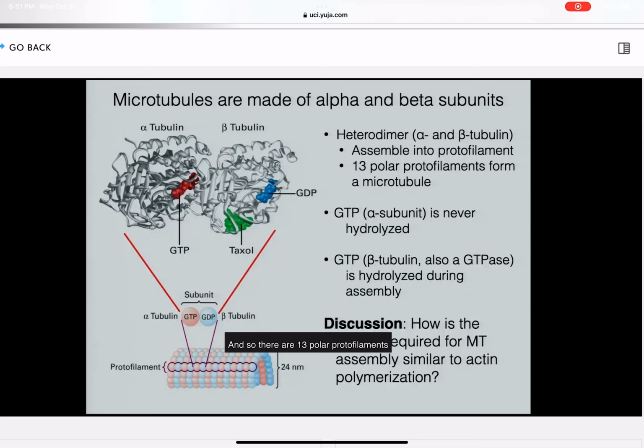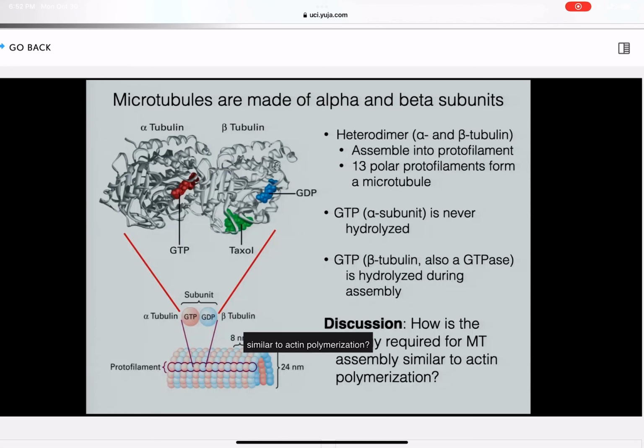Okay? And so there are 13 polar protofilaments to generate this microtubule. So if you were to count around this circle, there'd be 13 of these protofilaments, which run along here, 13 of them. And that forms essentially that microtubule cylinder.